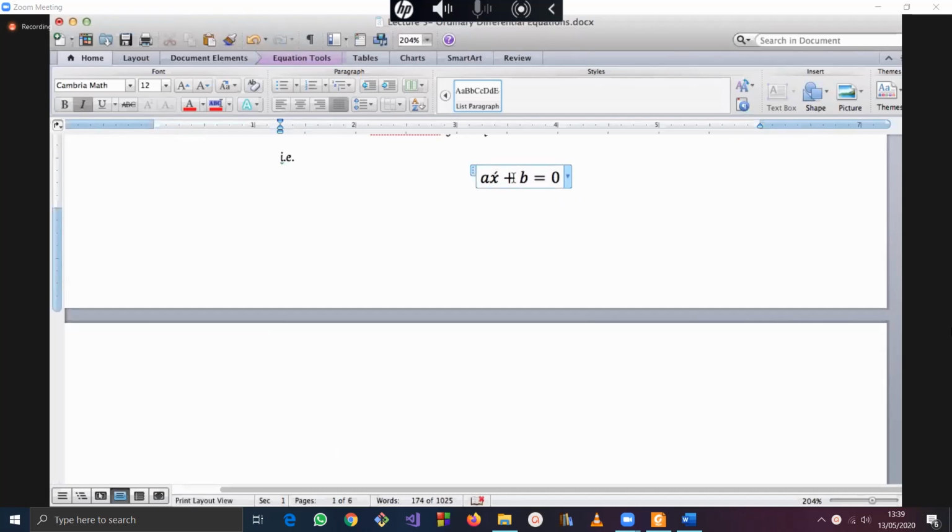p on the other side, this p on the other side, it becomes negative. All right. And then it becomes negative b, right? From there, we can then divide by a.